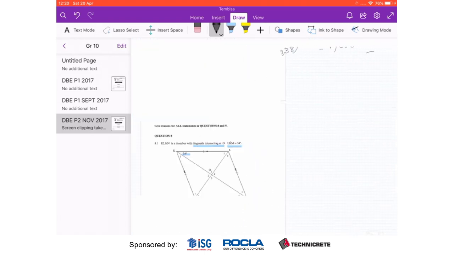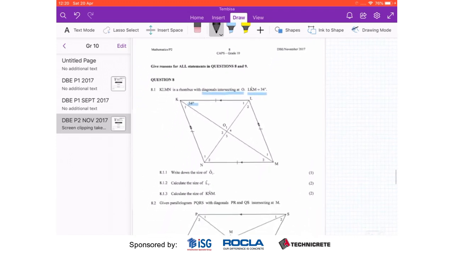So the first question says, let's fill in what we just said. So that's equal, that's equal, that's equal, this is equal, and we know we've got that 90 in the middle, so all of them will be 90 in the middle.